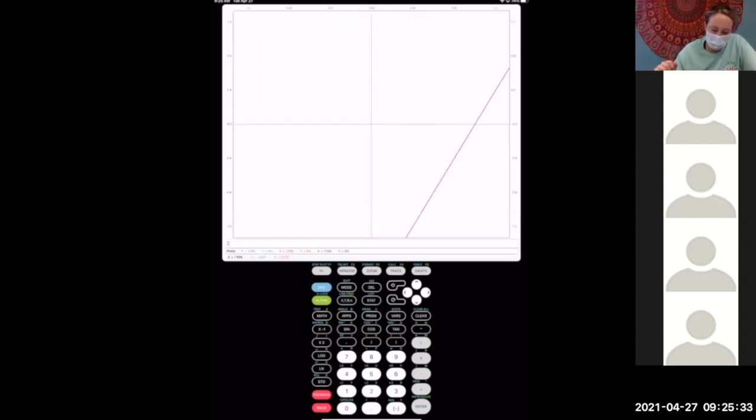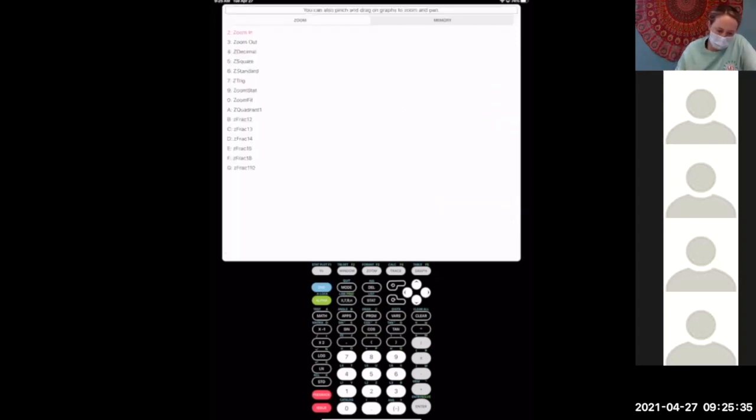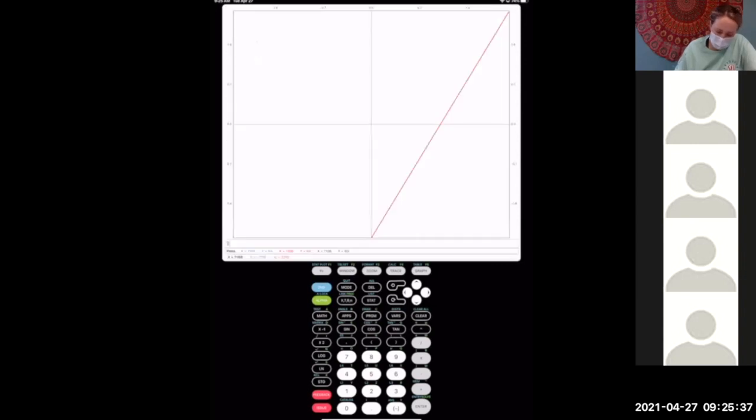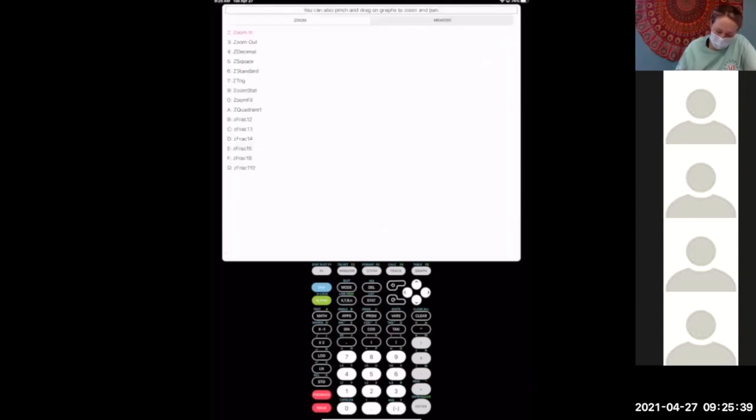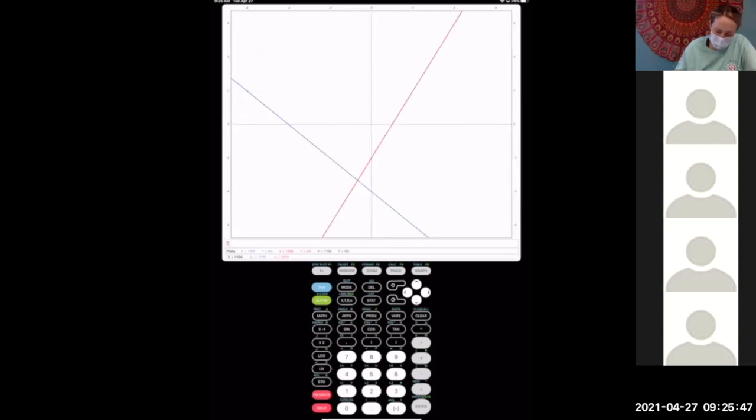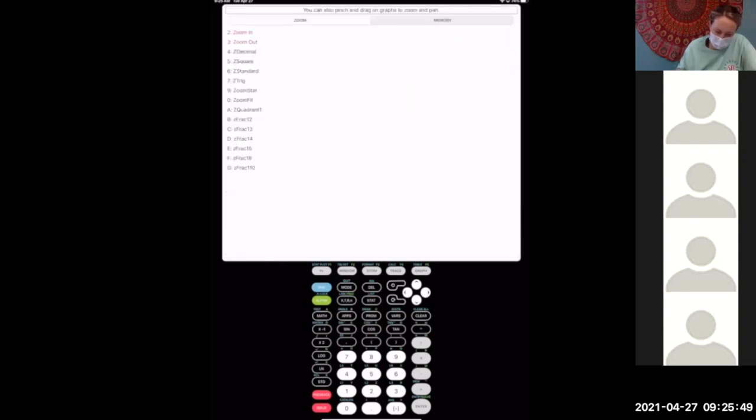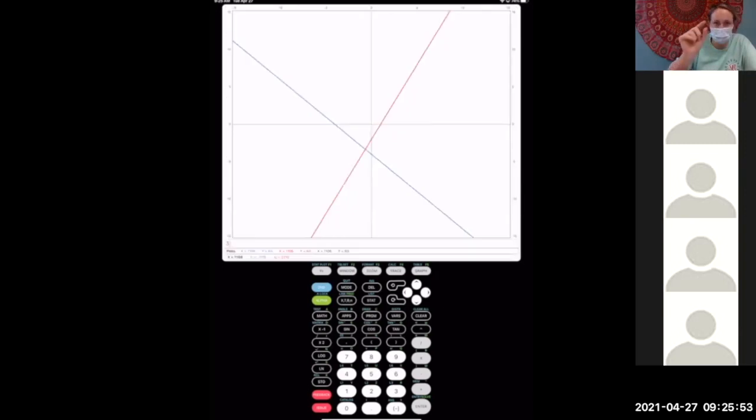Hit graph. I need to zoom out. So remember, you press the zoom button, you scroll down to zoom out. Remember, you cannot use your fingers to do this to zoom out on the test.